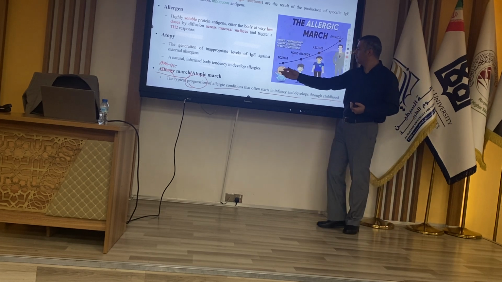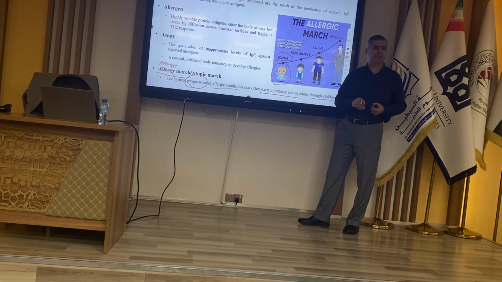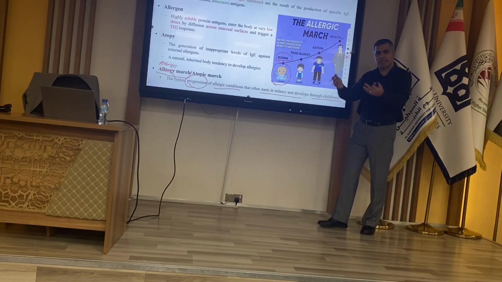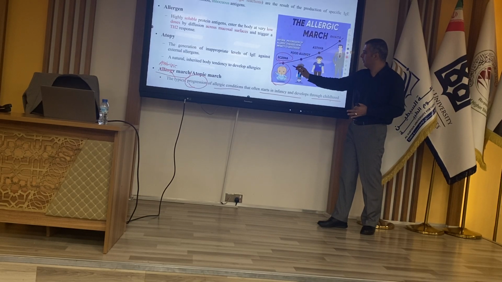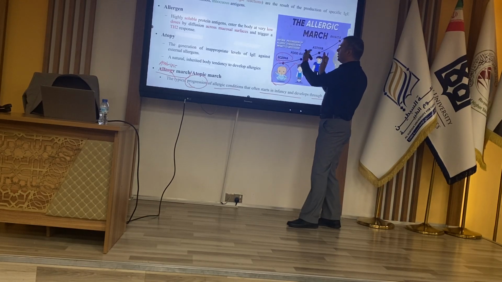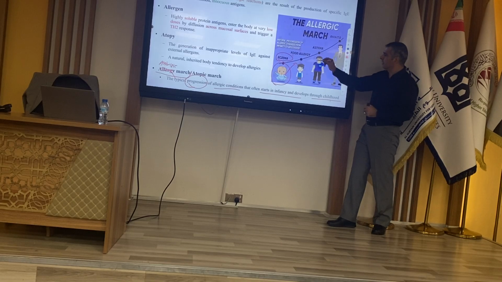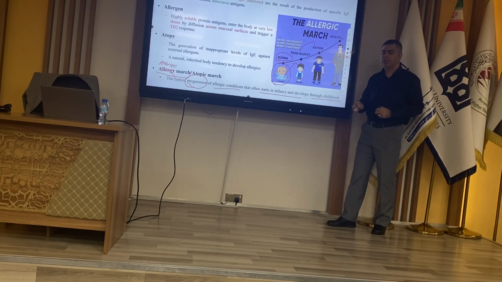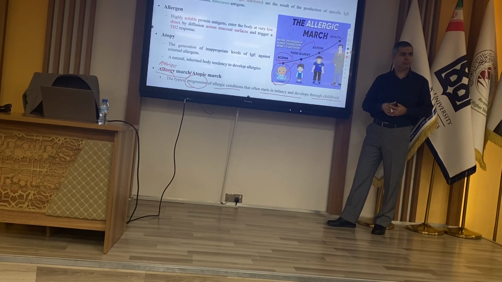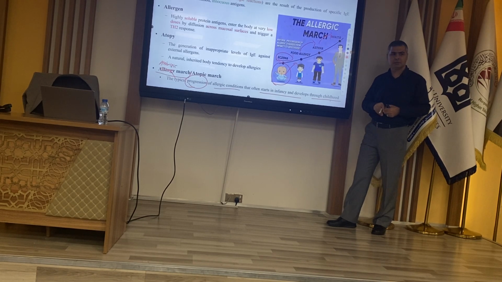After birth to 1 year old, it mainly begins with eczema, a skin-related allergic reaction, and then in that patient, when the baby grows older, the manifestation changes to food allergy, and over time in that person, the manifestation changes to asthma, respiratory reactions, and then rhinitis, upper respiratory reactions.